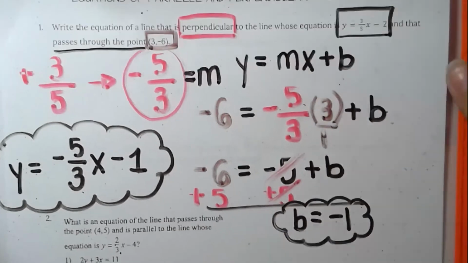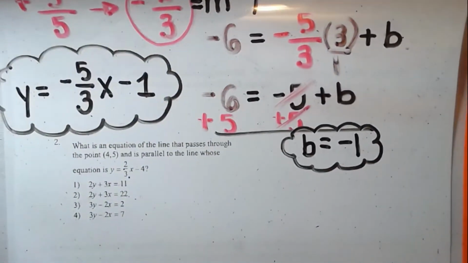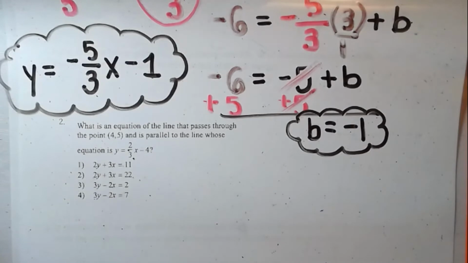Our second question here is, what is an equation of a line that passes through the point (4, 5) and is parallel to the line whose equation is y equals 2 over 3x minus 4? Well, in this case, we want to highlight the word parallel.